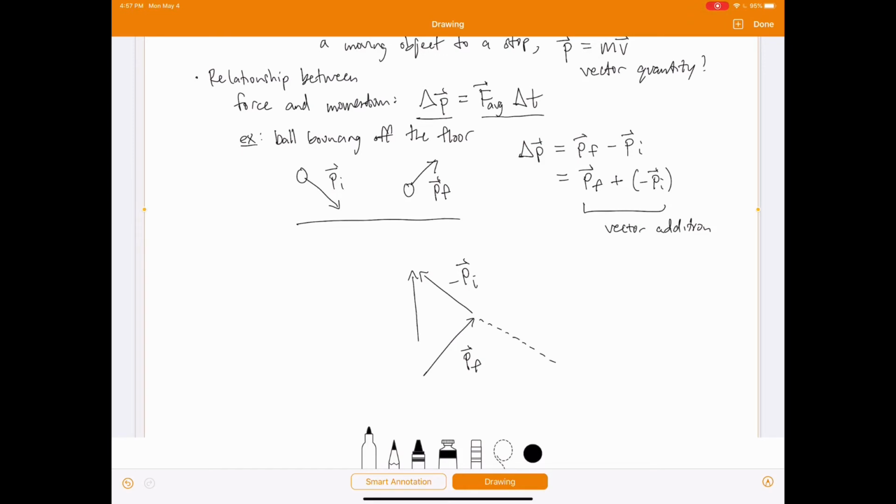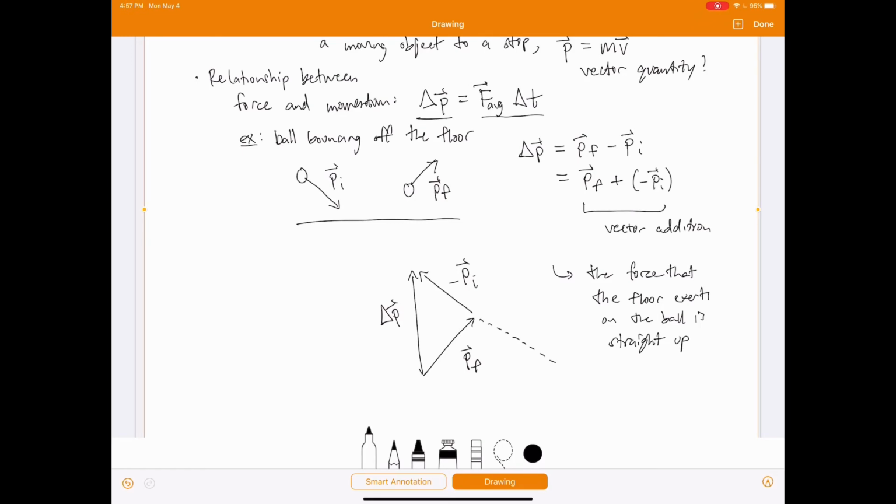The resultant vector is delta P. So that's going to be pointing straight up, again, from the start of P final to the end of negative P initial. So delta P is pointing straight up, and this is telling us something. This is telling us the force that the floor exerts on the ball is straight up.